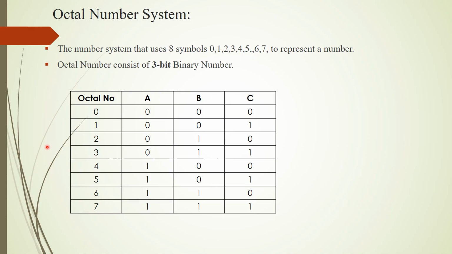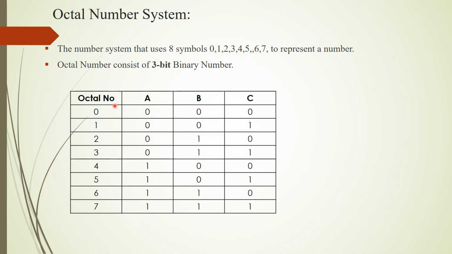Next our number system is the octal number system. The base of the octal number system is 8 and it uses 8 symbols: 0, 1, 2, 3, 4, 5, 6, 7. An octal number consists of only a 3-bit binary number. So octal 0 is represented in the 3-bit binary number system as 0 0 0.